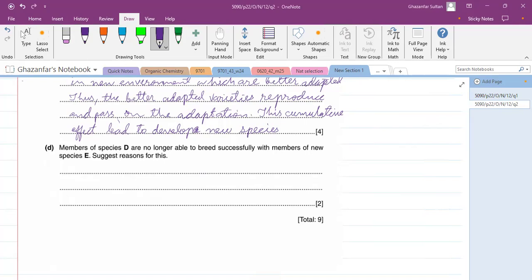And there are so many other reasons as well. Because of the geographical separation, it is also one of the reasons. So again, read the question carefully: suggest a reason for this. So different reasons can be there.